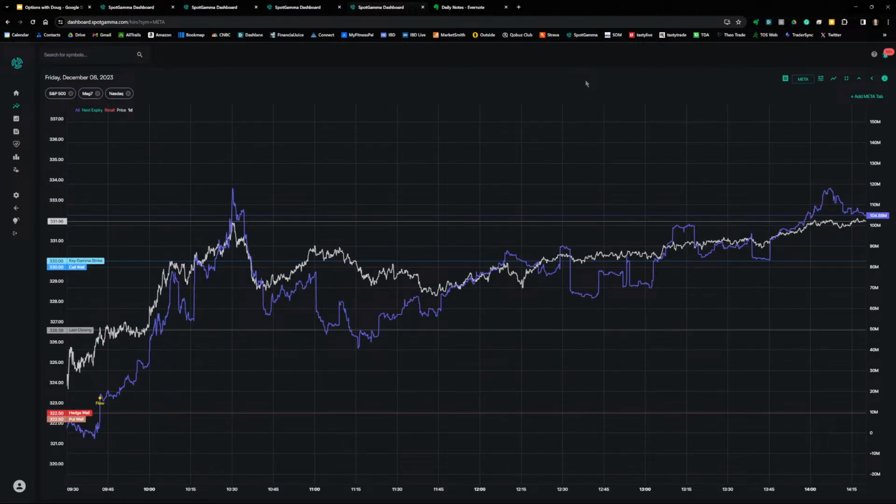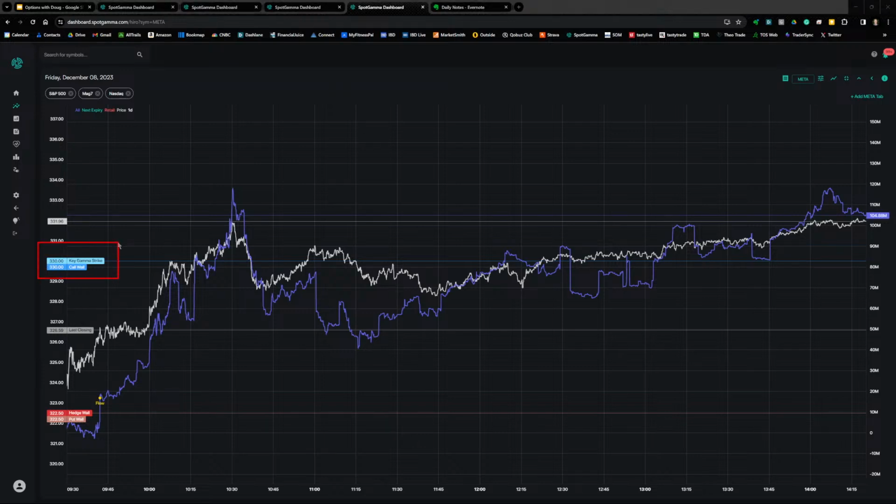So I'm just going to leave it in the total signal here. So here's the 330 call wall key gamma strike. And Meta has breached that level. Now trading above.